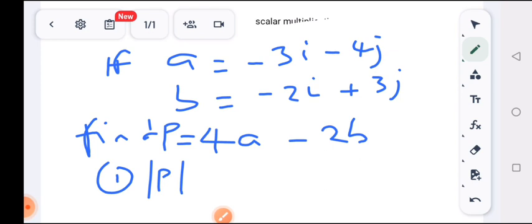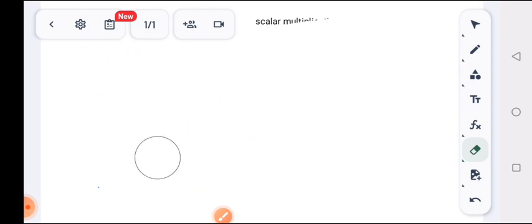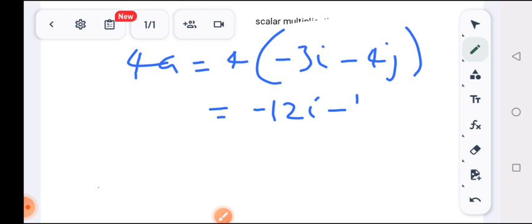All right, so quickly guys, let us do the 4a. Now 4a will be 4 bracket minus 3i minus 4j, that will be minus 12i minus 16j.